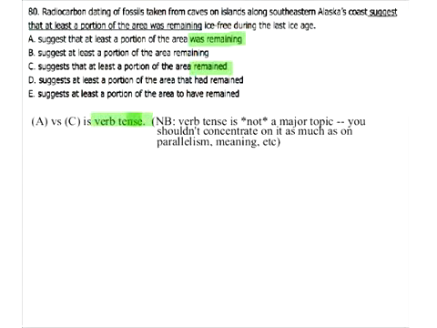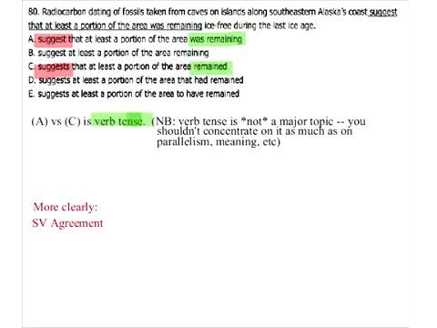More obviously, there's "suggest" versus "suggests." I don't know why I didn't see that. More clearly, thank you for seeing what I'm apparently not seeing. Subject-verb agreement, thank you. Yeah, it's radiocarbon dating of a bunch of stuff suggests. It's one of those days.